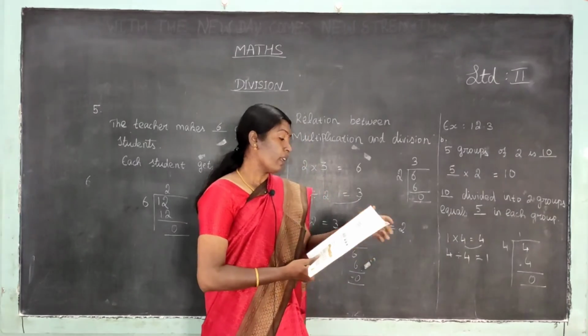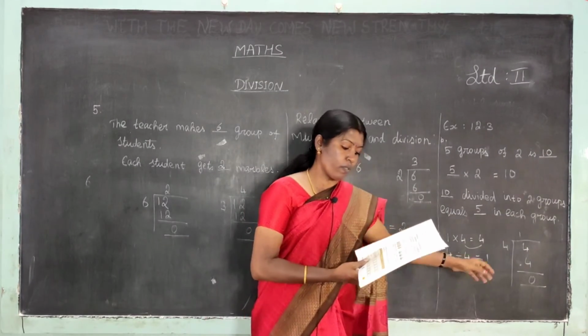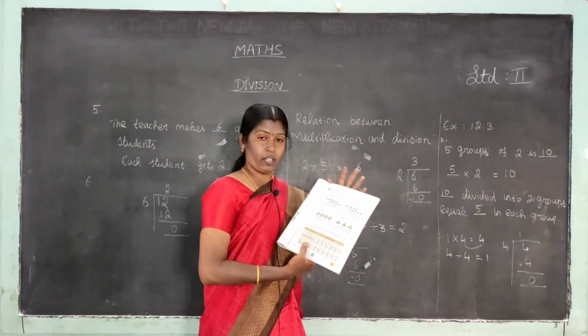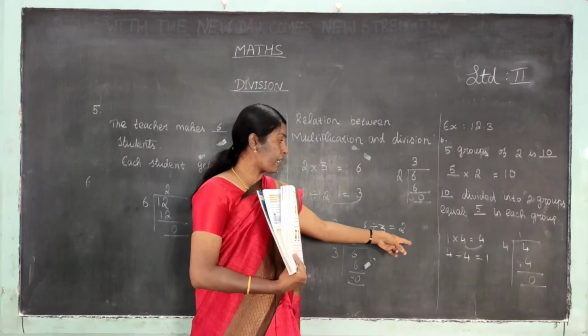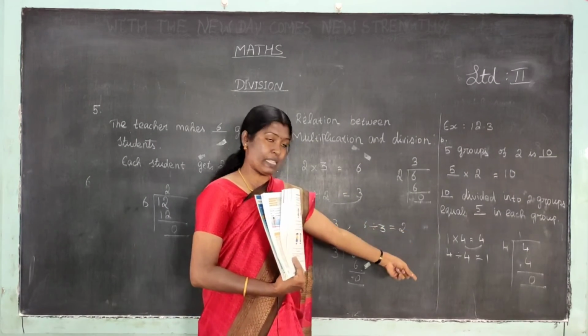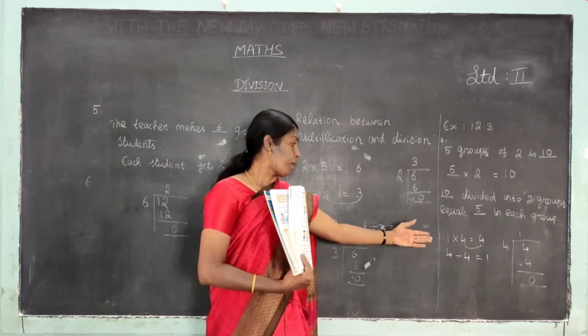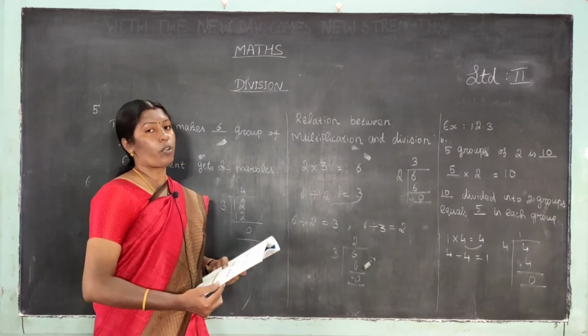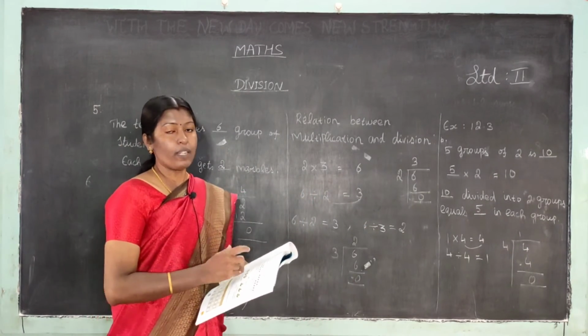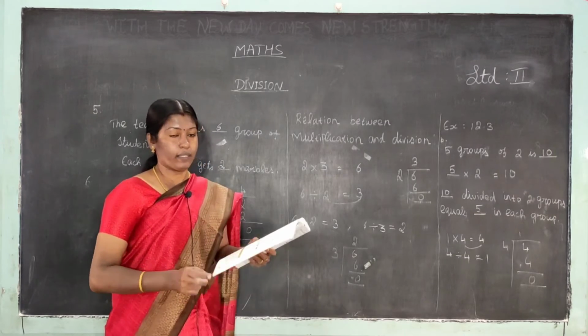That's all. So 4 divided by 4 equal to 1. The same number divided by the same number equal to 1 only. Suppose 10 divided by 10 equal to 1, same number, yes, that is 1.